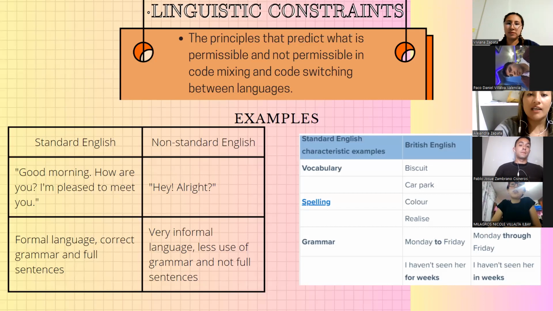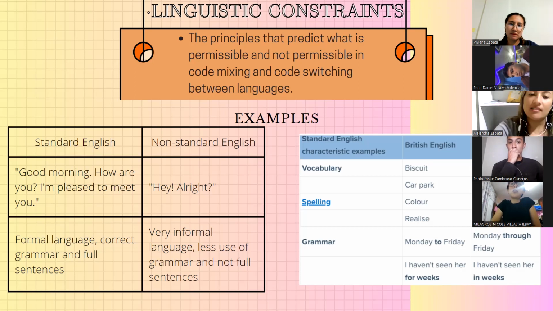Based on this, switching is said to occur only in sentences where two languages have similar grammatical structure. One language is called the parent language, the dominant language, and the other language is called the embedded language, the subordinate language.